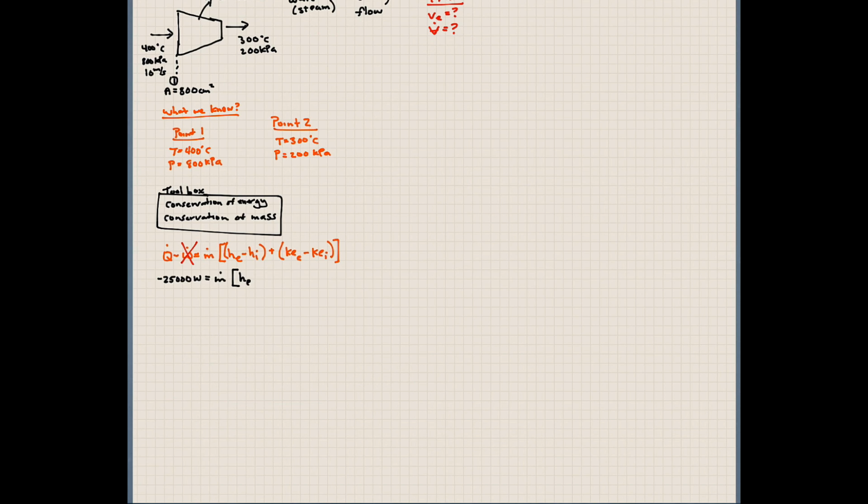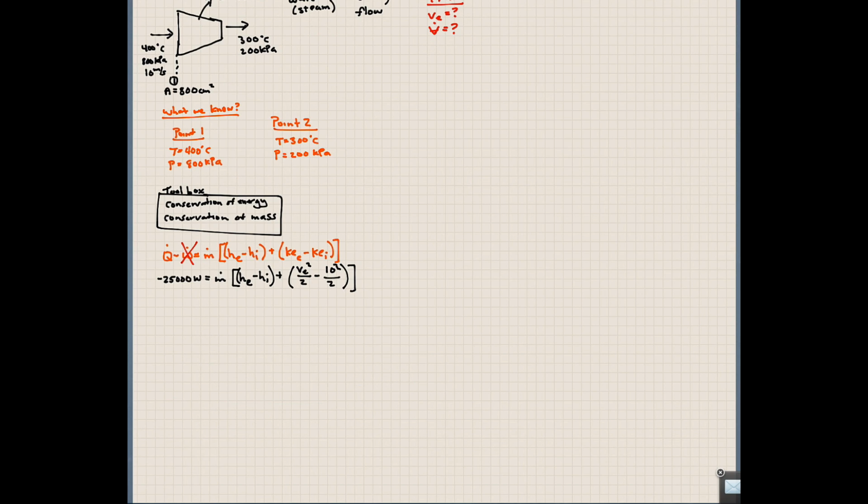We don't know the exit or the inlet enthalpies. And what about the kinetic energies? Do we know those? Well, we don't know the exit kinetic energy. And we do know the inlet kinetic energy. So this is 10 squared over 2. Okay. So this helps us to identify what it is that we know and what we don't know.